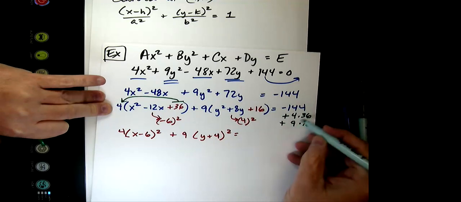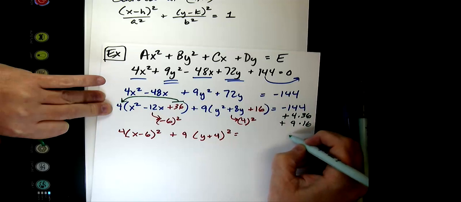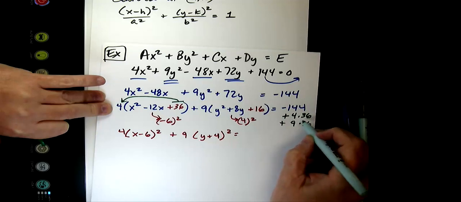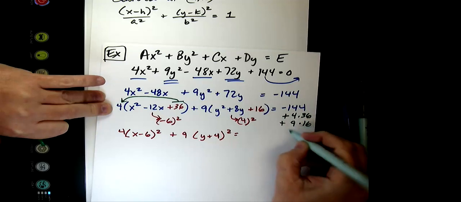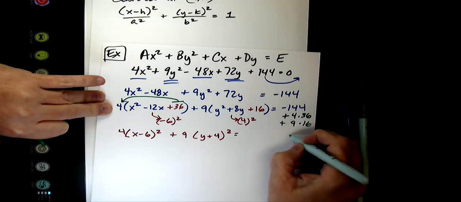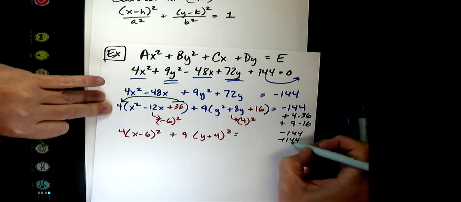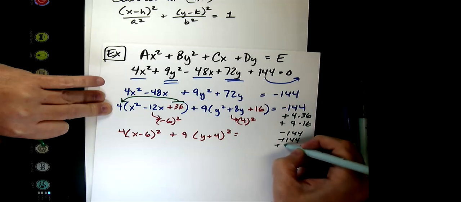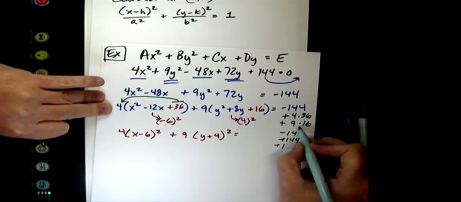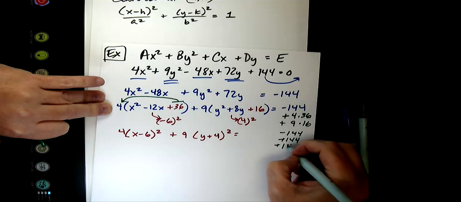Now, I don't know what those are. I think 4 times 36 is 144, isn't it? 72 doubled? Yeah. So I've got negative 144 plus 144, plus another 144. 90 and 54 is 144.